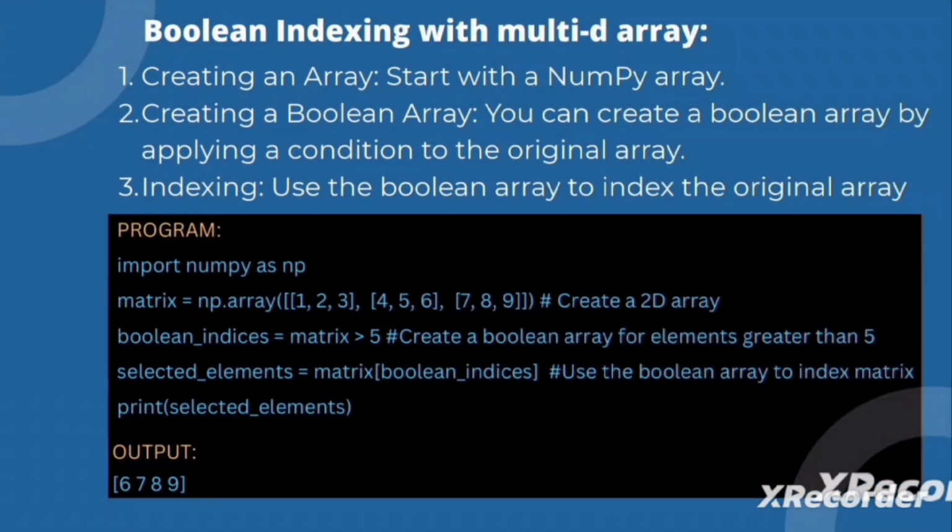Next, working with multidimensional arrays, boolean indexing is also similar to the 1D array which we discussed recently. In this example, we have created a 2D array and put the condition that creates a boolean array for elements greater than 5, and similarly use the boolean array to index the matrix, and it will give 6, 7, 8 and 9 as the output, which are greater than 5.